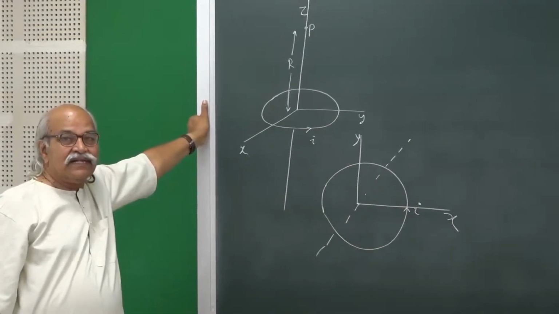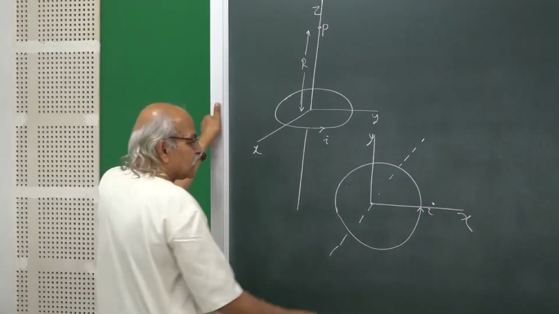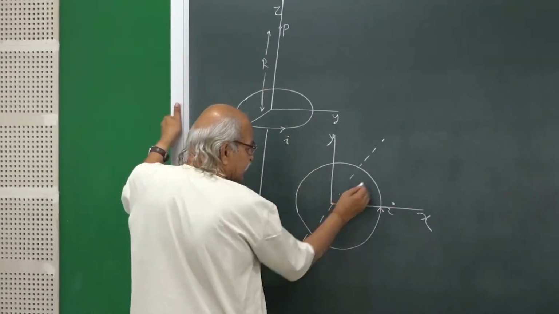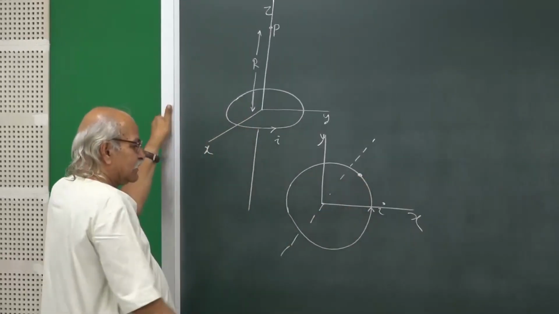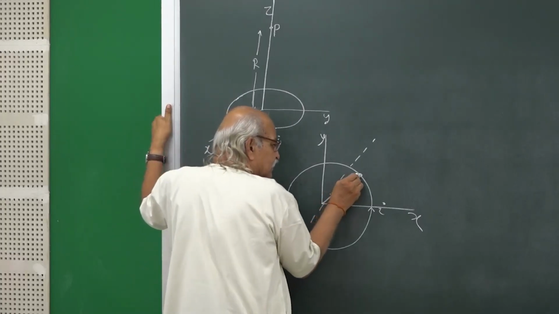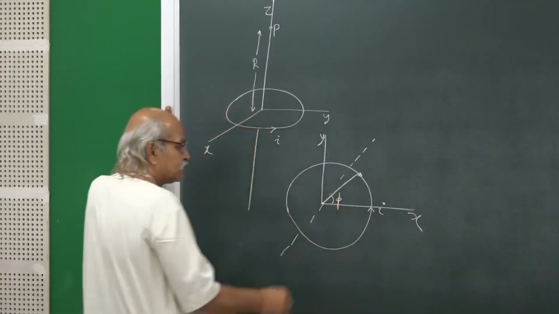To take a current element on this loop, our process will be that we will use the cylindrical coordinate system, and let us take a point here on this loop, then this angle is phi, the cylindrical coordinate phi.